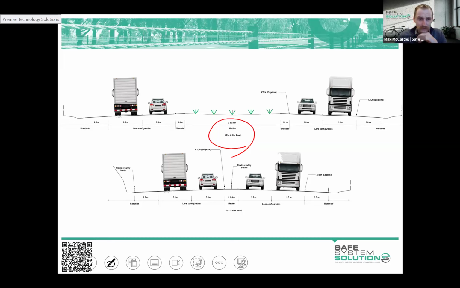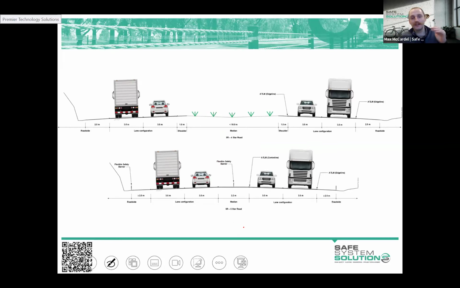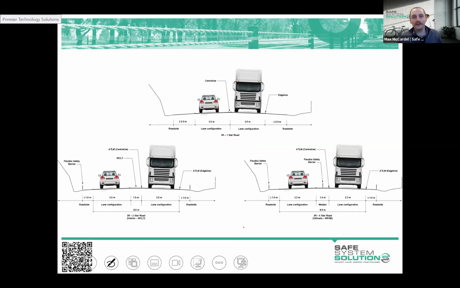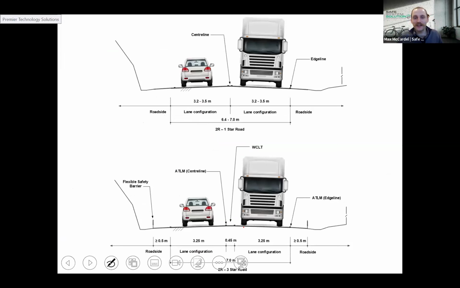A 4-star road would be more conventional, or historically the way that we've built our carriageways. To get to a 5-star road, we need to see barrier systems on the edge as well as the median. I'm not going to go through all of these different cross sections, but just some food for thought as to what they could look like and the different star environments.